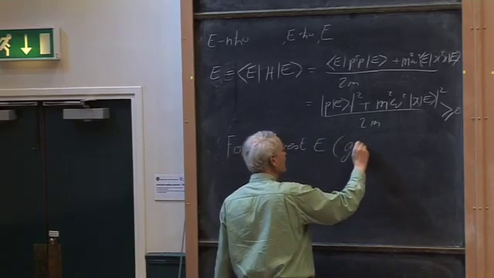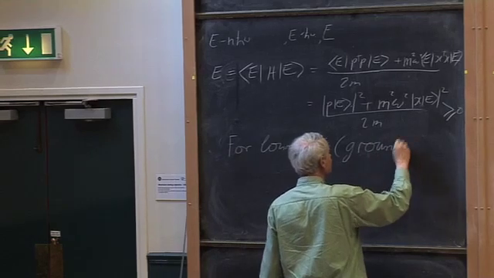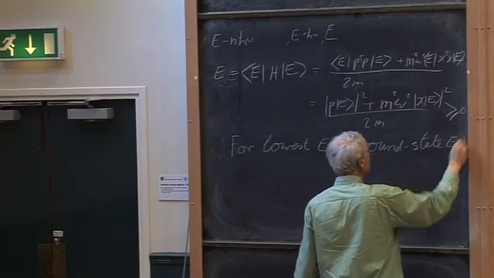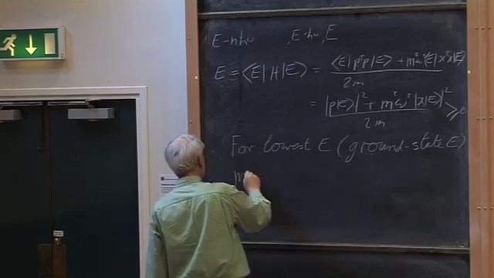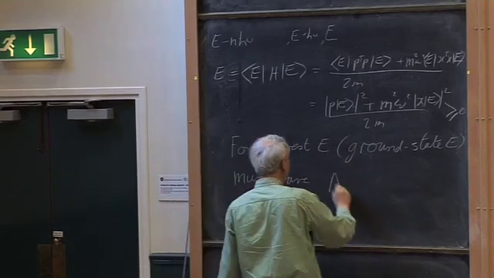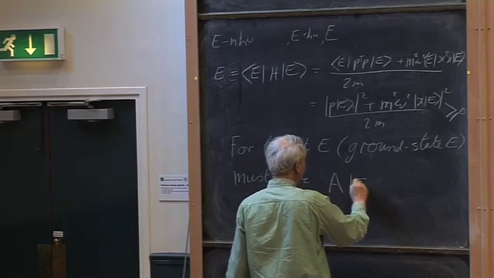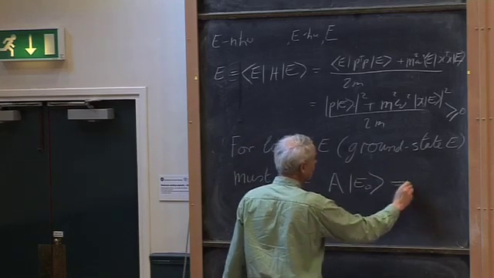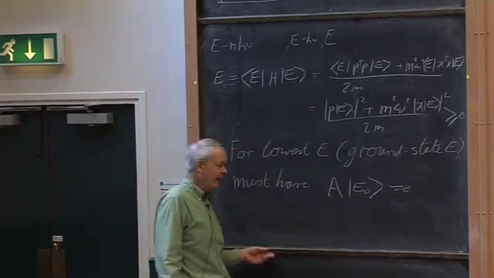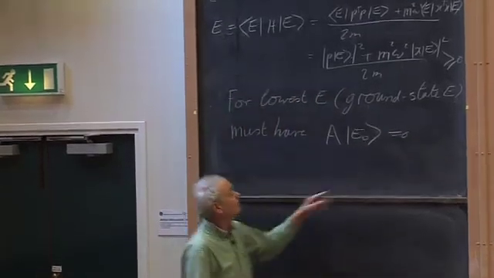That's the ground state. We must have that A on E0 equals 0, right?